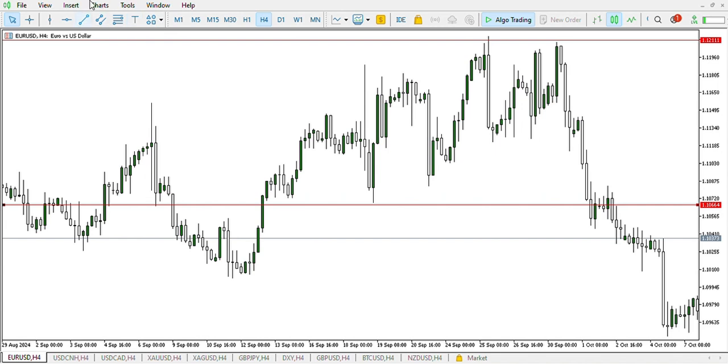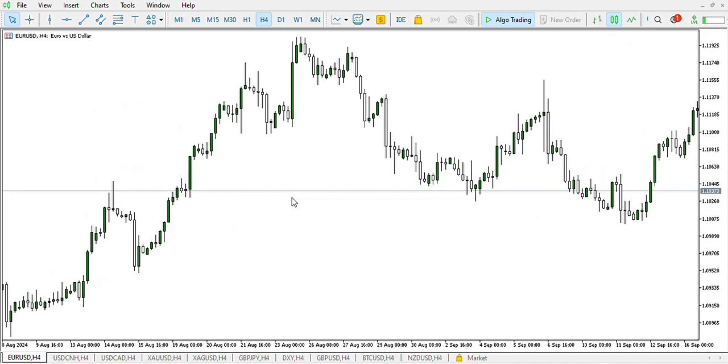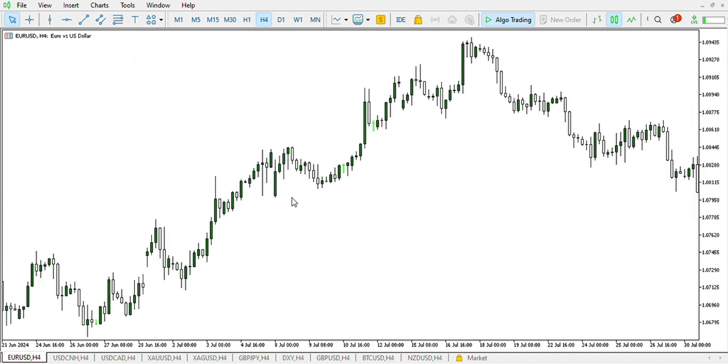So now in this lesson, we are going to learn how to identify market structure on the chart, and we are going to have examples. Now you should keep in mind that there are reasons why the market ranges, and there are also reasons why the market moves in a trend-like manner.